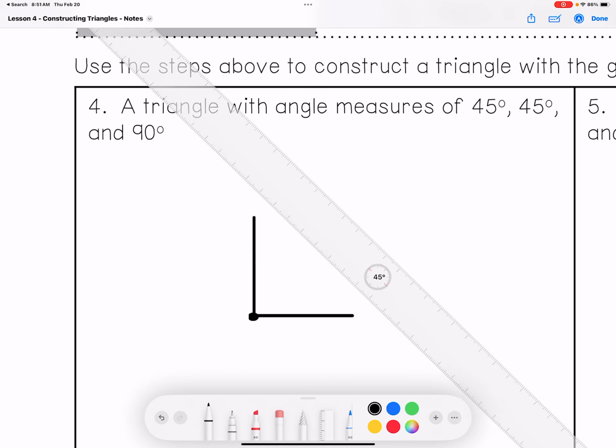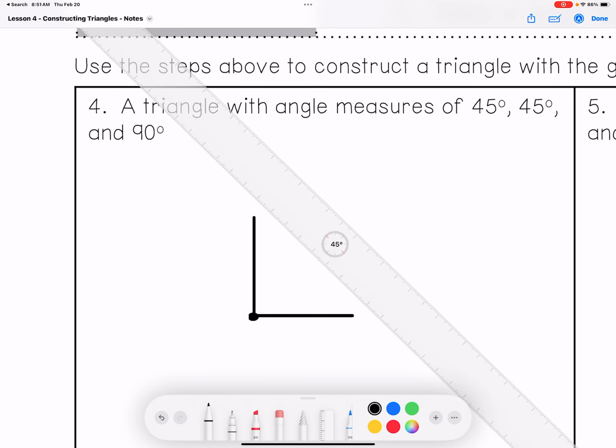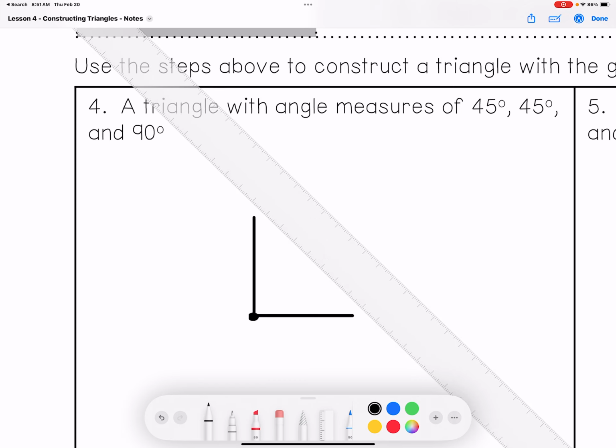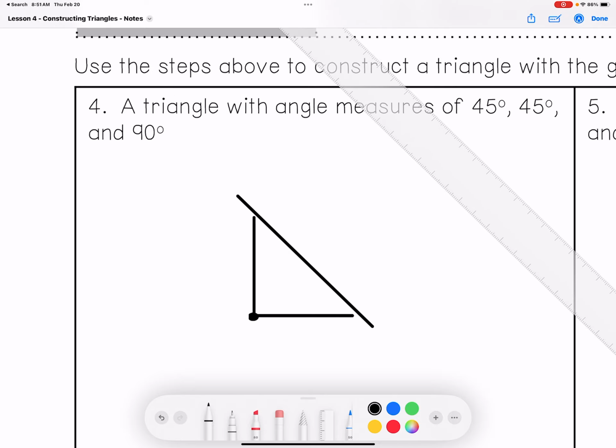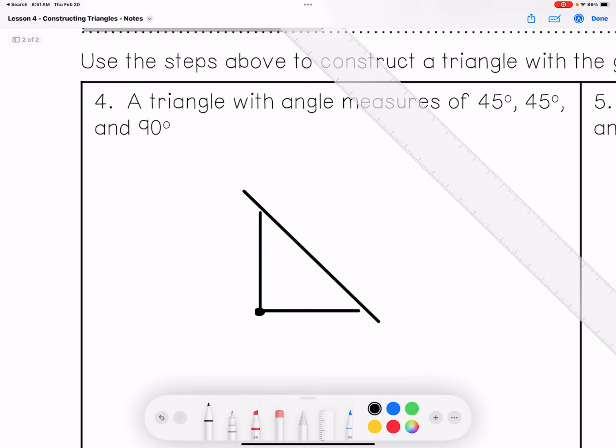Now, I'm going to go find 45. There it is. And I'm going to put it there. Yes, I'm going to erase it in just a second. And then I'm going to erase what I went too far with. That tells me that this is 90 degrees, 45 degrees, and 45 degrees.